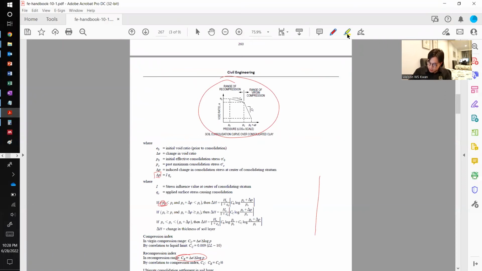And we are in the case where our initial stress is smaller than the consolidation stress, the maximum past pressure, and also our final stress is greater than the maximum past pressure P sub C. So pretty much, this is my delta E right there, the change of the void ratio, and times this constant right there, then we get the delta H.